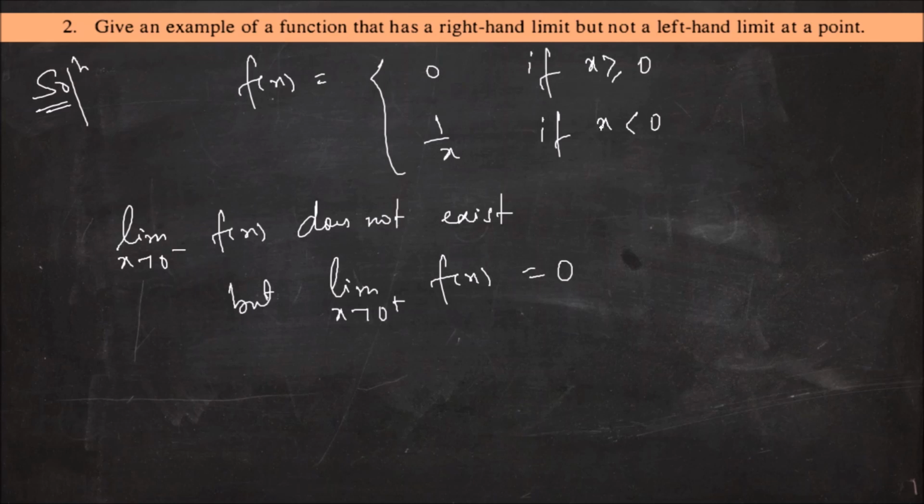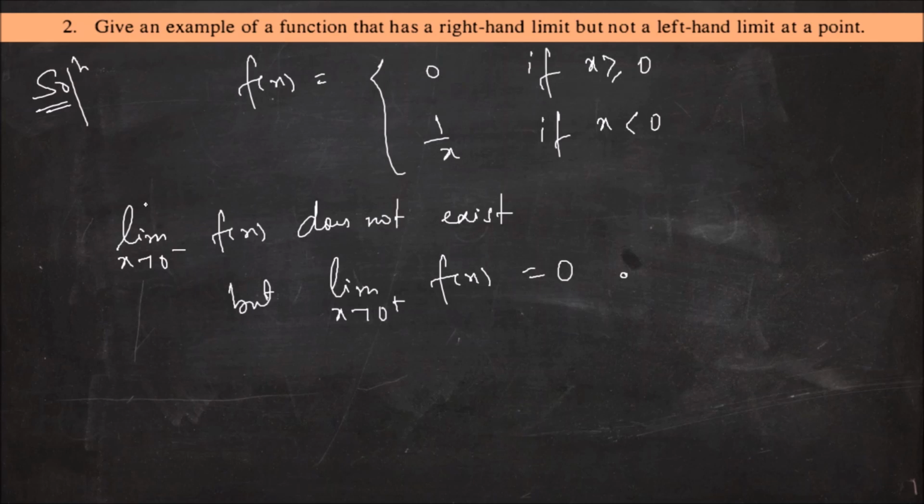So the limit at the left hand point does not exist, while the limit at the right hand point is equal to 0. So we have found an example of a function such that limit x tends to 0 negative of f(x) does not exist, but limit x tends to 0 positive of f(x) exists. You can prove this yourself. It is there in one of my videos, so you can watch it there also.